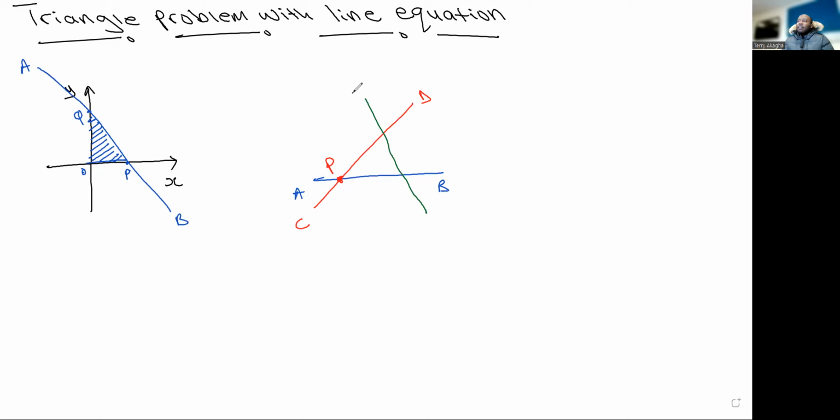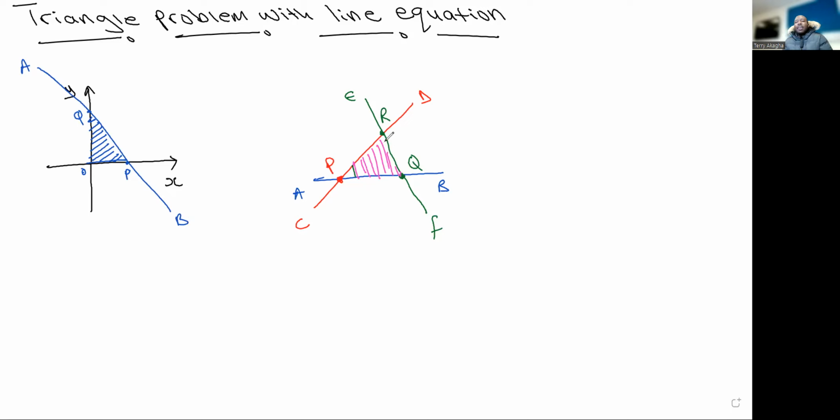Sorry, line EF, okay? And it intersects AB at point Q, and intersects CD at point R. Are you seeing it? So we have the triangle PQR. So at this point, we have another triangle here. Making sense?